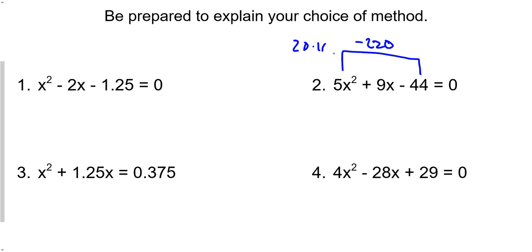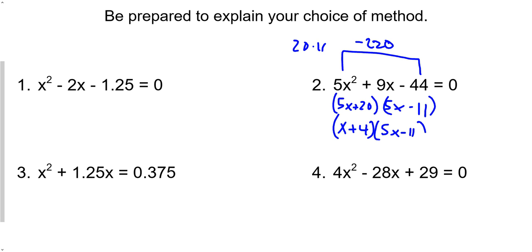Okay, so that's 20 times 11. Now they have to add to 9, so the bigger number must be positive. So it must be 5x plus 20 and 5x minus 11, and you've got to divide the 5 back out, so x plus 4 times 5x minus 11.